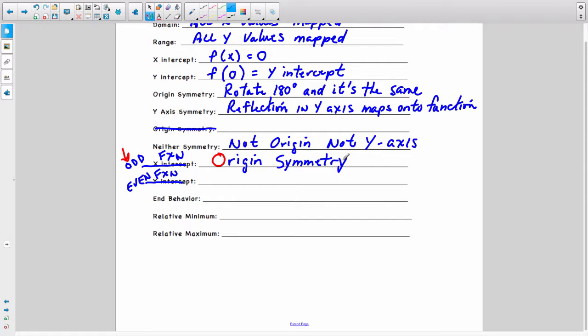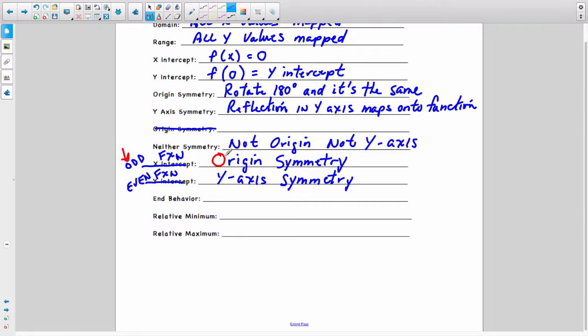I don't know if there's two M's, but I'm sticking with it. Okay, is there? Yeah, there is. Good. Even function. You are an even function if you have y-axis symmetry. Don't worry about what that means right now about being even and stuff. Just know that you're even if you're symmetric with y, you're odd if you're symmetric with the origin.